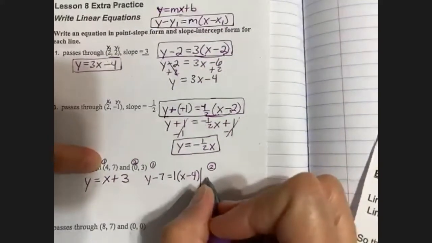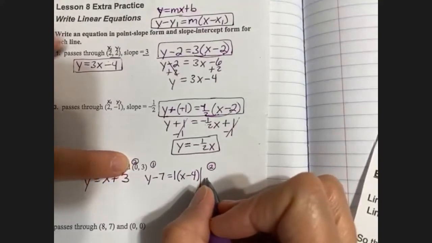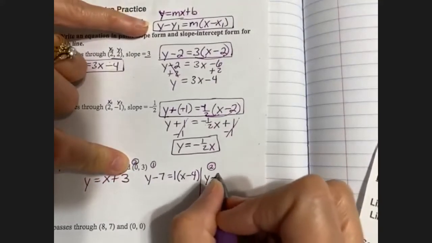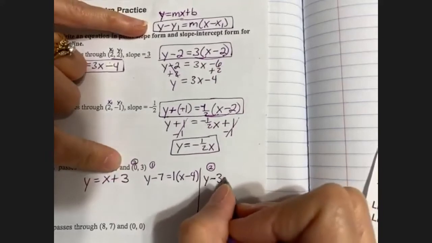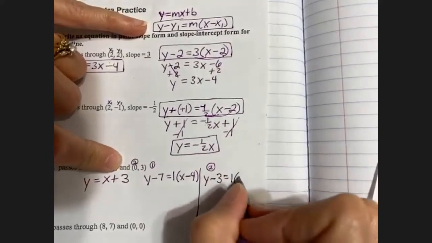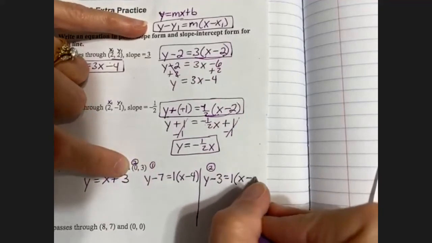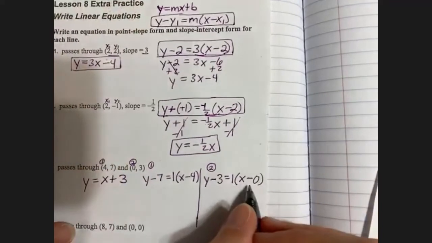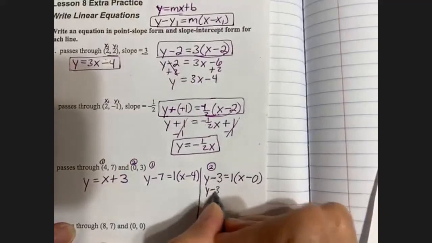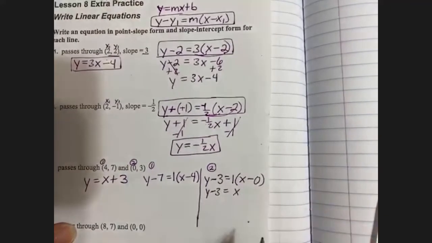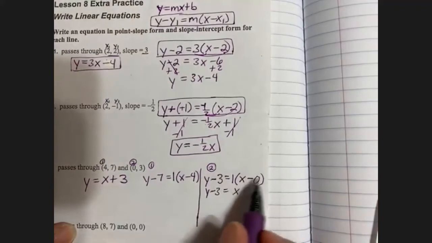Over here, if I use the second point, it'd be y minus the 3, that's my y1, equals my slope of 1 times x minus my x1, which is 0. Now, if I simplify this down just a little bit, it'd be y minus 3 equals x, because you don't have to do anything with this right here because that's just 0.